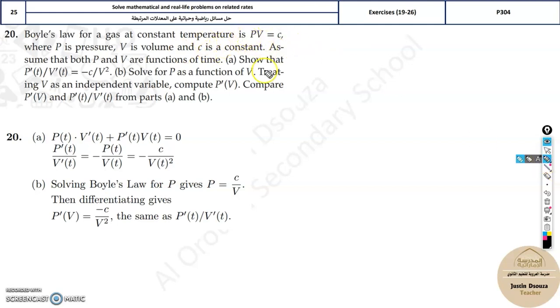Just derive it. P will be P dash. Oh sorry, you need to use the product rule. U dash V plus U V dash, or you can use U V dash plus U dash V. Whichever can be used. Over here, the second version is used.